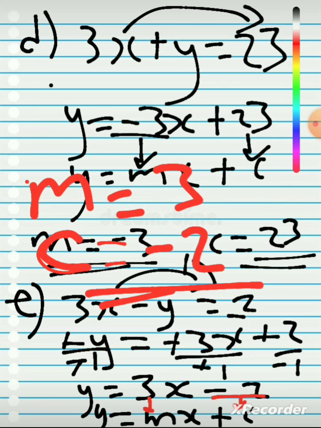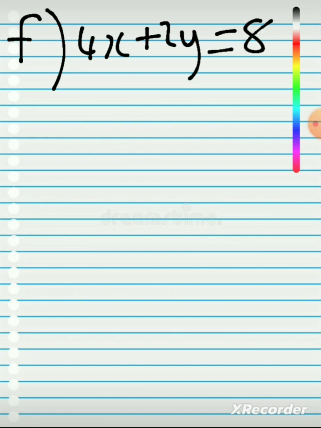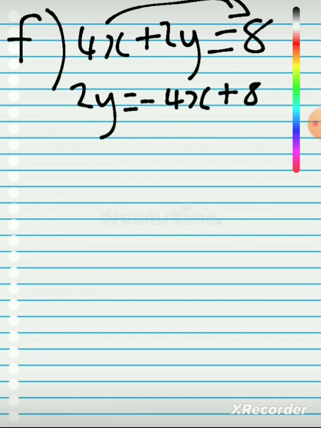We go to f. 4x plus 2y is equal to 8. So we make y the subject. 4x, we take it this side, we have 2y is equal to negative 4x plus 8. Then we divide everywhere by 2.